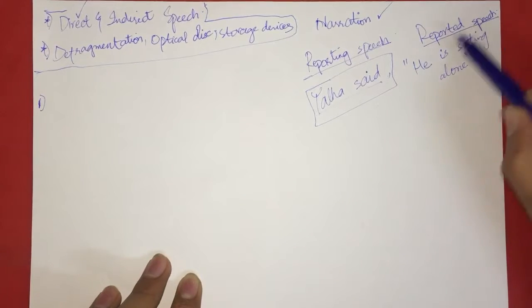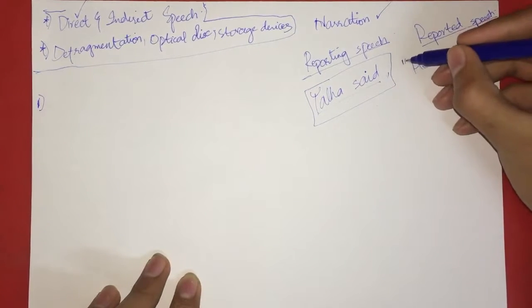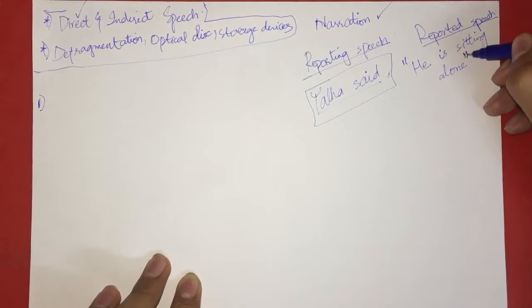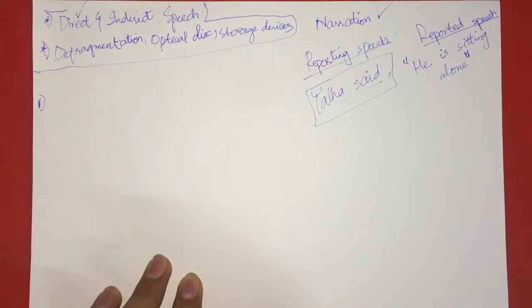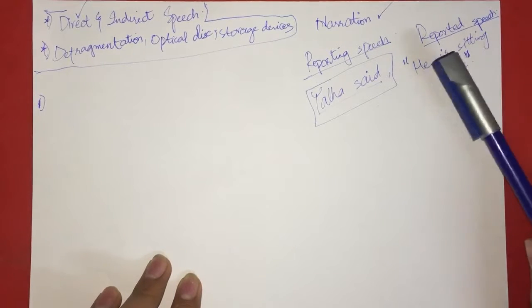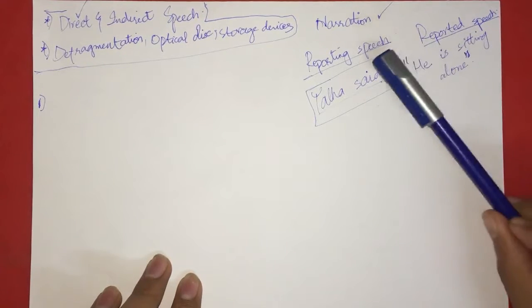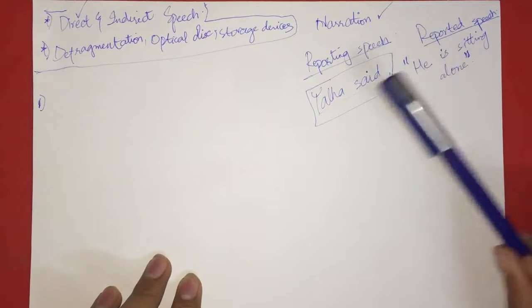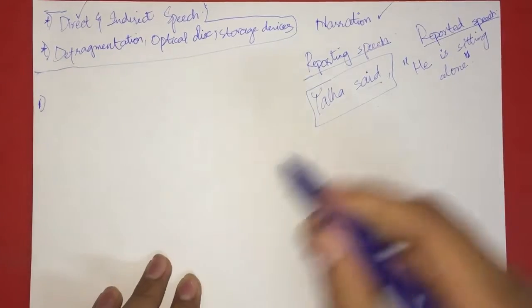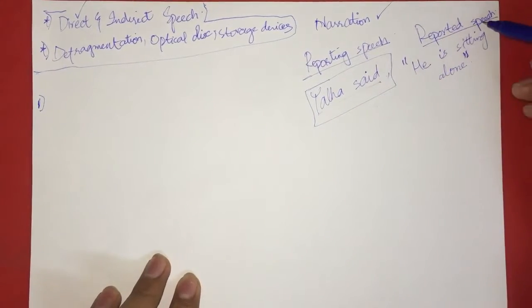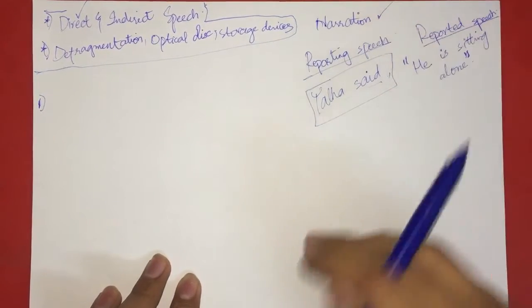Reported speech is always included in inverted commas, because it stands out, and we want a reader to know that these are the exact words. That is why we use inverted commas, and we use a comma after that. So this was a direct speech, where you have the reported speech and the reporting speech.